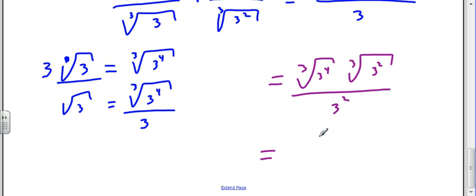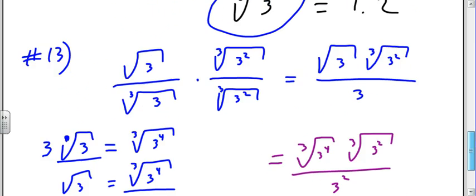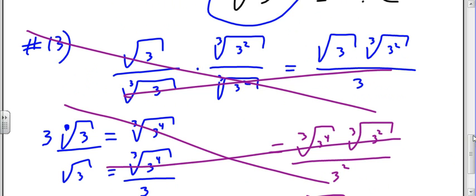And then I can have the cube root of 3 to the 6th divided by 3 squared, which is 1. I did it again. I got the same wrong answer all over again. All right, so cross that out. Whatever we're doing there, we're not doing that right.